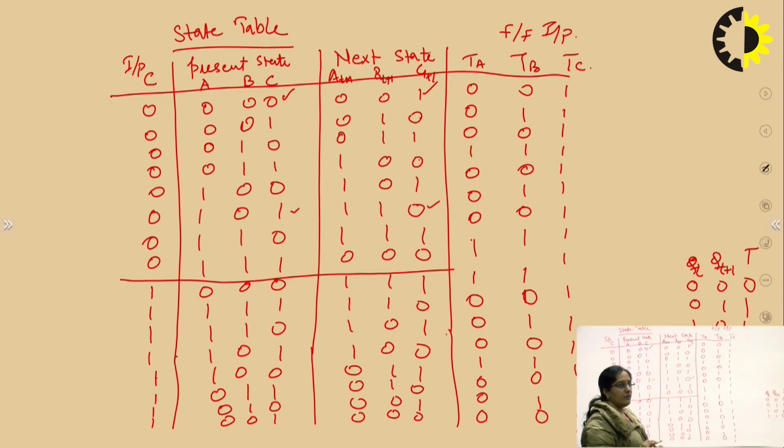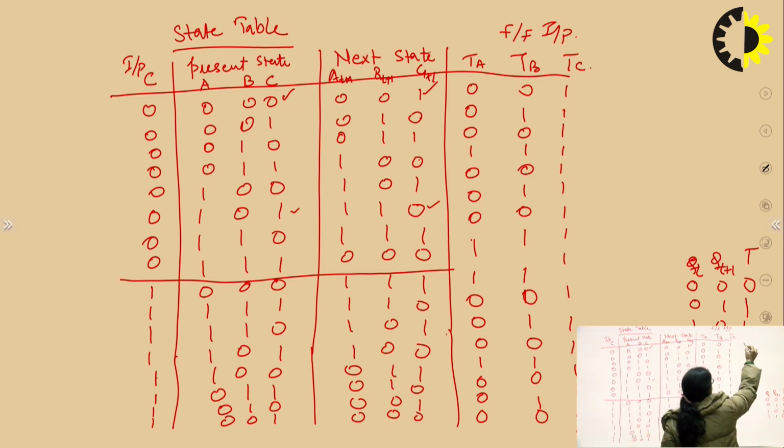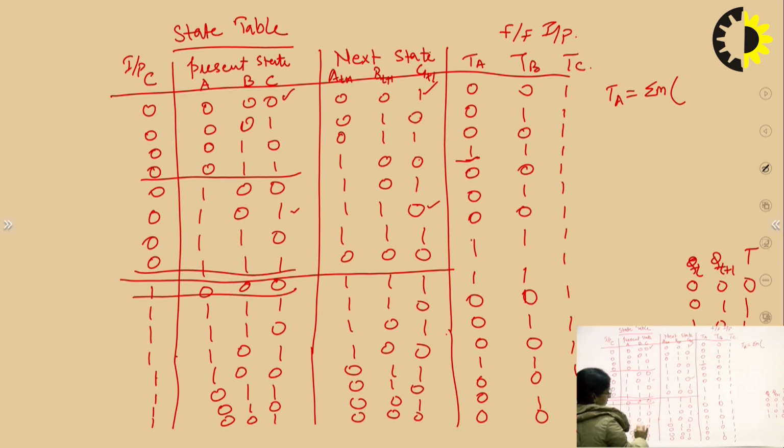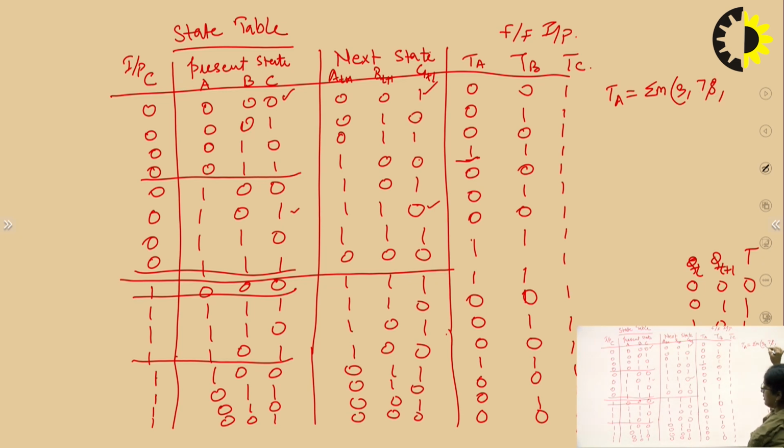From here we obtain the TA, TB, TC values, and if we write them in terms of minterms, TA is 1 for 3, 7, 8 and 11.